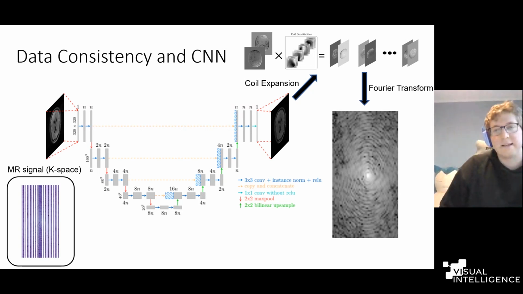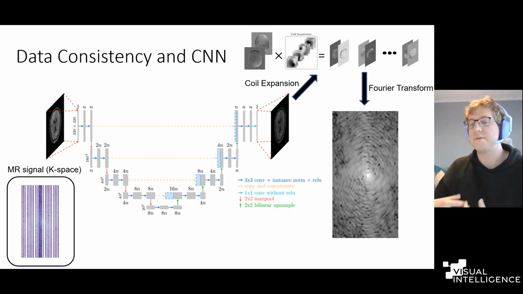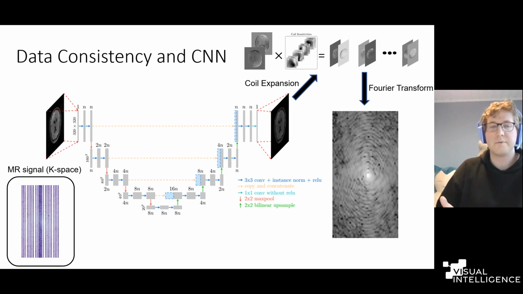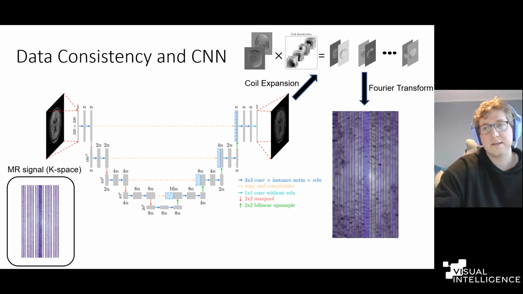And here is where the data consistency comes into play. You already know part of the signal. Like when you have the patient in the scanner, you sample, say, 25% of the full MR signal. You already have a part of the ground truth. You already know how 25% of the data is going to look. So the data consistency is quite simple.